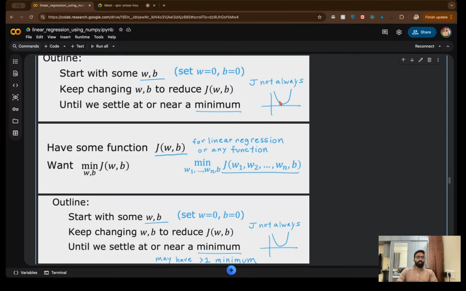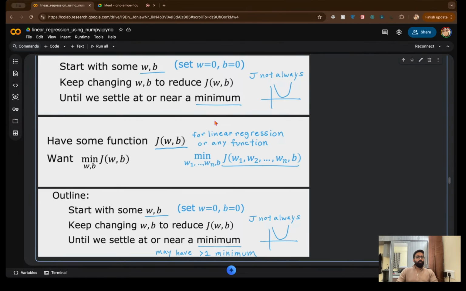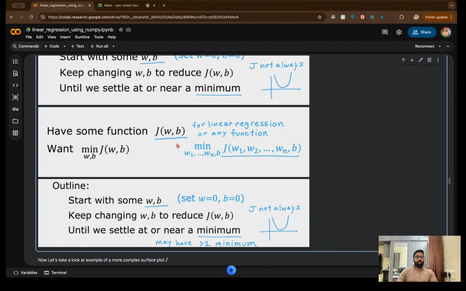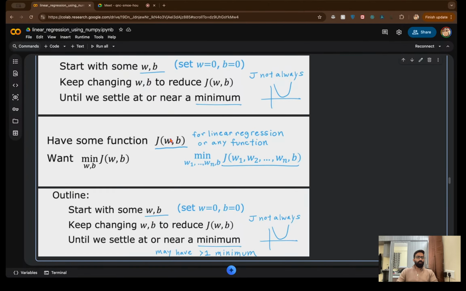Let's say if this is the function J, I want to reach here. Now we have some function J(W,B). What do I mean by W,B? J is a function which is dependent on W and B. Can we agree on this?